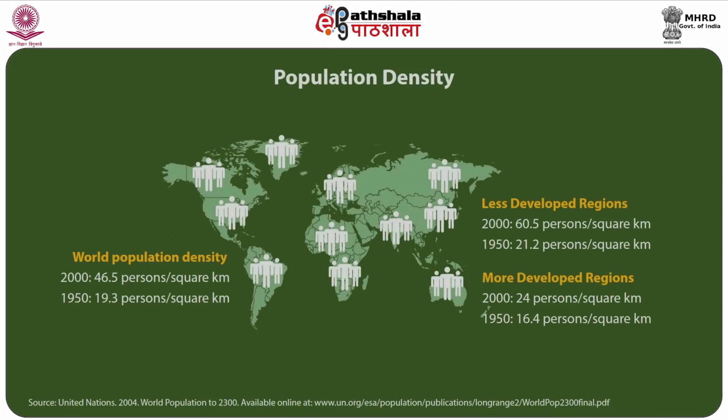For instance, in 1950, more developed regions had a population density of 16.4 persons, and it only increased to 24 persons in 2000. In the same period, in less developed regions, it was 21.2 persons in 1950 and as high as 60.5 persons in 2000, which clearly indicates that the density is higher and higher in less developed regions, whereas in more developed regions it is slightly lesser.